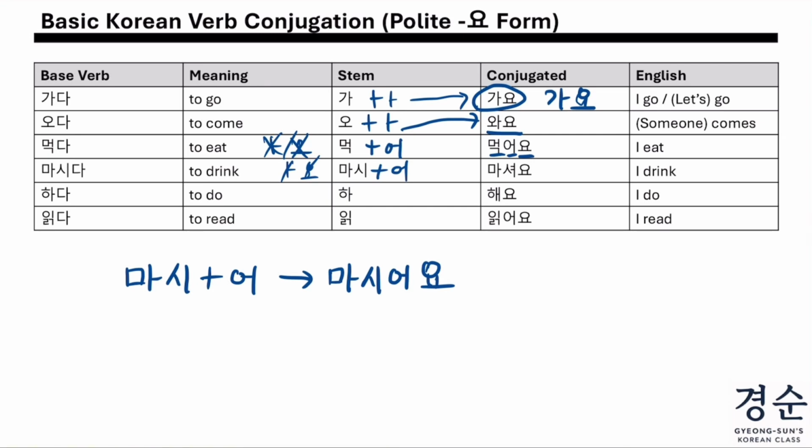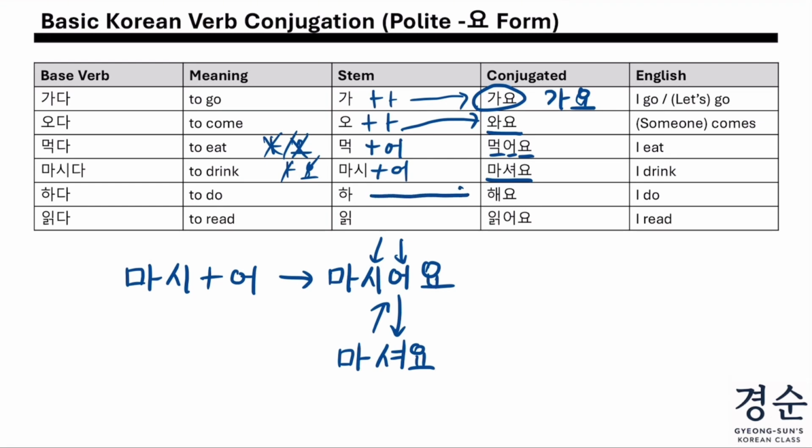But you can see here, this is a bit too long and we can combine them, so it becomes 마셔요. Okay, because you can see here, 시어 becomes 셔, 마셔요. Okay, 마셔요, to drink. Okay, and the next one we have 하다, to do.